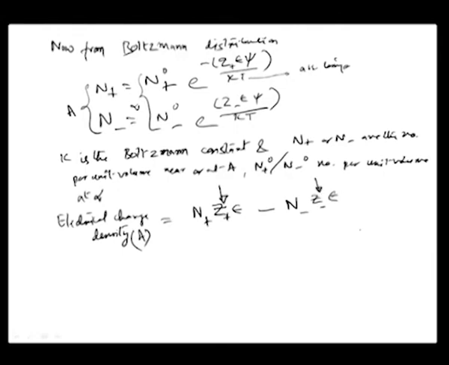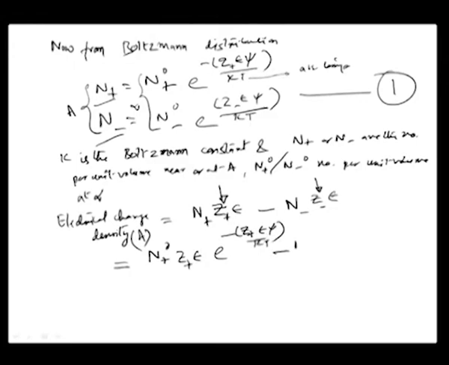If we substitute the values of n plus and n minus from this set of equation 1 earlier, we can get this as n plus 0 Z plus epsilon times e to the power of minus Z plus epsilon xi by kT minus n minus 0 Z minus epsilon times e to the power of Z minus epsilon xi by kT. So, that is the electrical charge density at the point A.